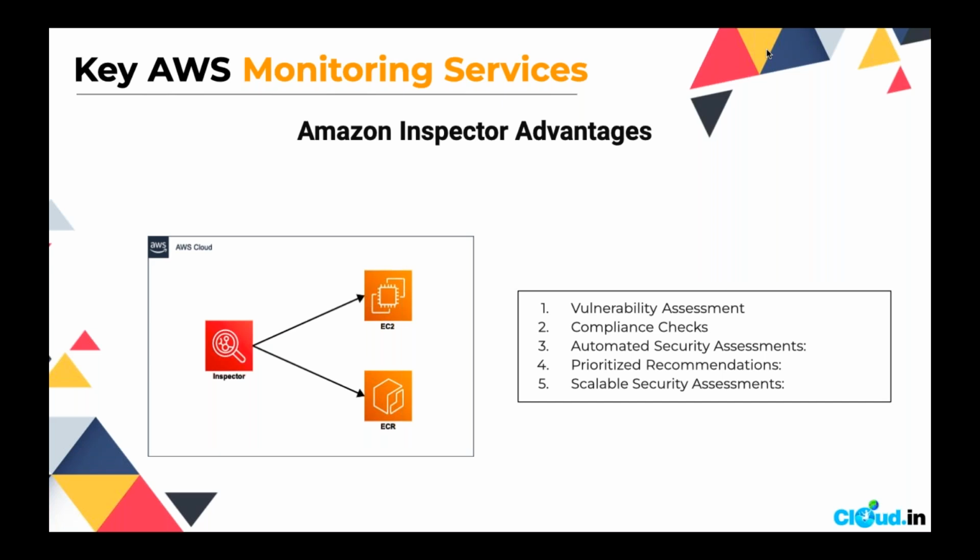GuardDuty will monitor events and logs from various AWS services, whereas AWS Inspector will assess the security of EC2 instances or ECR containers, network, and apps. So this is the basic difference between AWS GuardDuty and AWS Inspector.